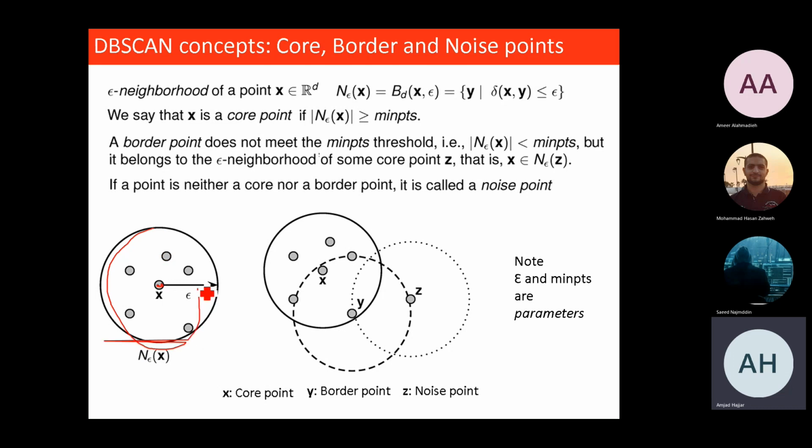It's a ball or a hyperball around the point that I call B, a D-dimensional ball centered at X, and with a radius of epsilon, which is the set of points Y such that their distance to X is less than or equal to some epsilon, which is our radius.